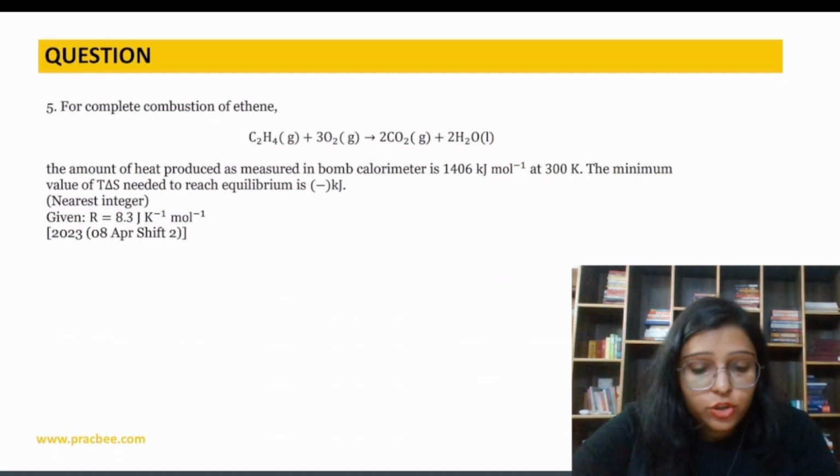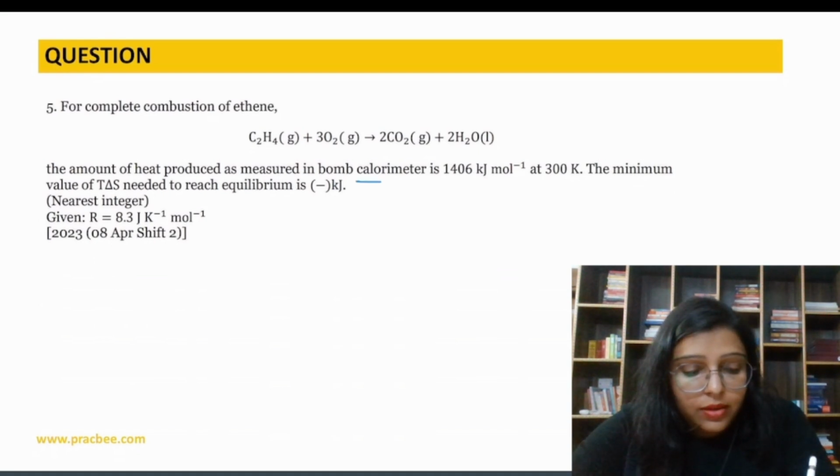For the complete combustion of ethene, the amount of heat produced as measured in a bomb calorimeter is, QV, -1406 kilojoule per mole. Bomb calorimeter means constant volume.